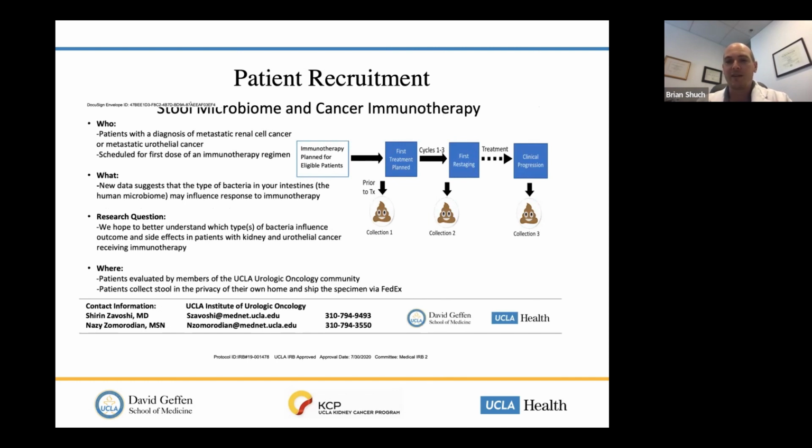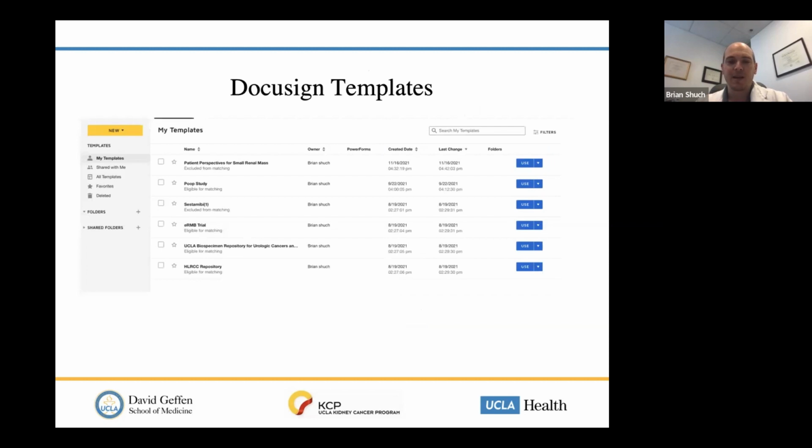I did something like this at Yale. Here we have our own special consent for this protocol, but again, make it as broad as possible. And a nice emoji goes a long way. There are some of my templates for different protocols, a small biopsy trial, a sestamibi trial, all those different things.